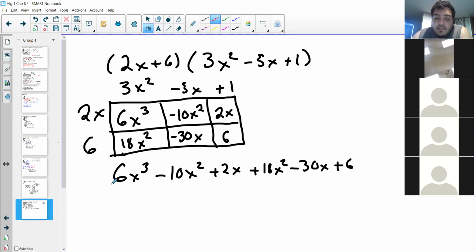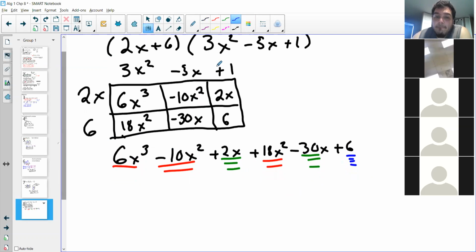Now I need to combine like terms. 3x, no one's 3x. X squared, wait a second, there's another x squared. So I'm going to have to combine that. 2x, wait a second, there's another x, negative 30x. And the 6 is all alone. That's okay.